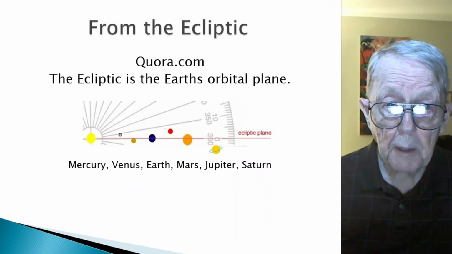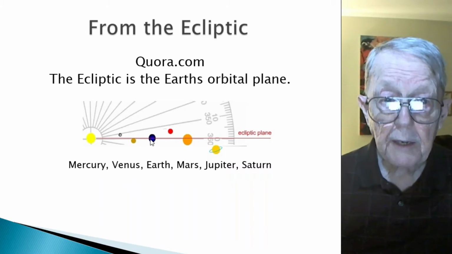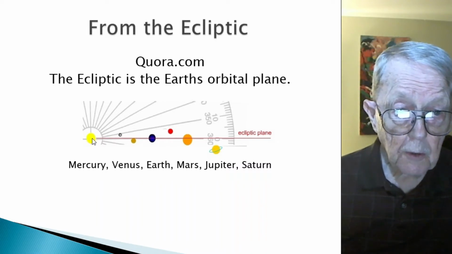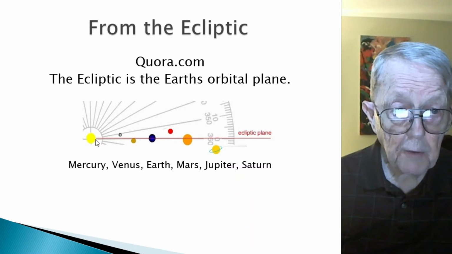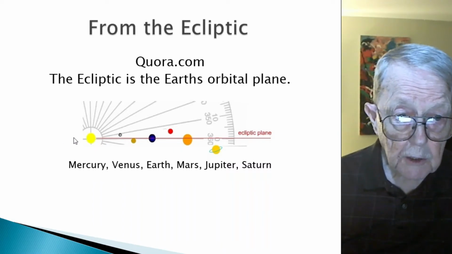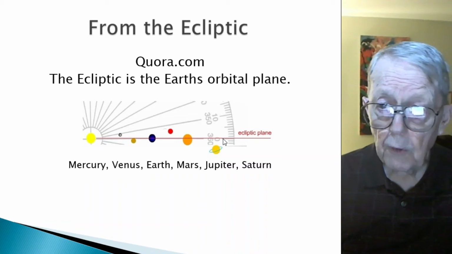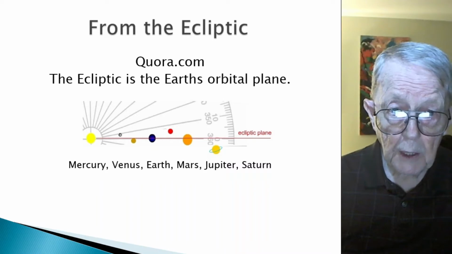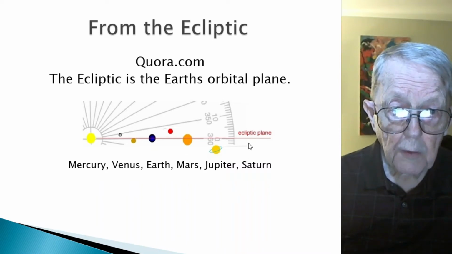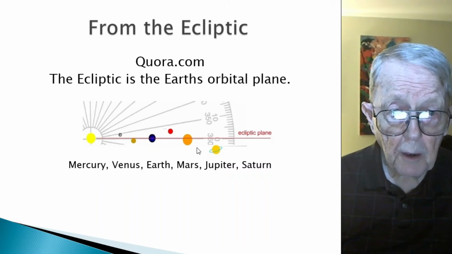The ecliptic plane is the name for the orbital plane of the Earth. So you have the center of the sun and the center of the Earth, and that's its orbital plane, and it's set at 0 for reference. So the ecliptic plane becomes the reference. But as you can see, the rest of them are not there.